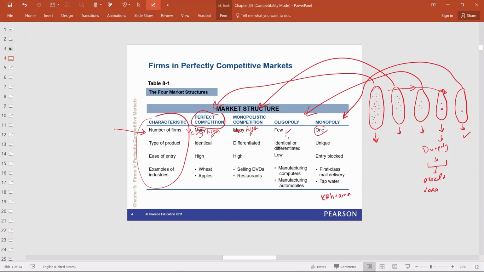And for oligopoly, a few firms working in one industry, like automobile agencies in Qatar. Also, providers or sellers of mobiles. They are few in number, like Apple, Samsung, Huawei. And for monopolistic competition, you can find restaurants, coffee shops, hair salons.